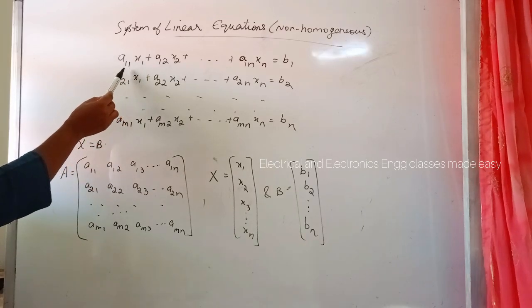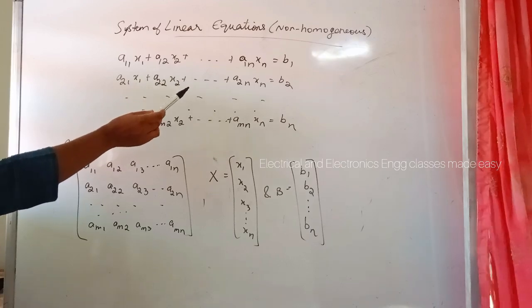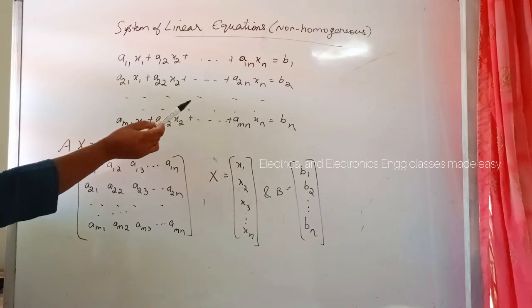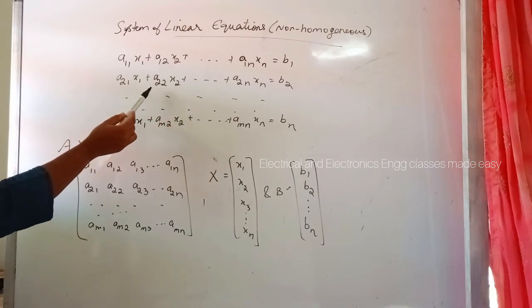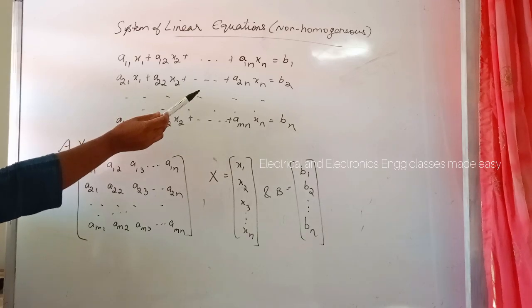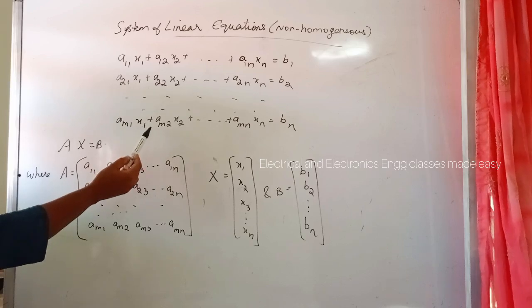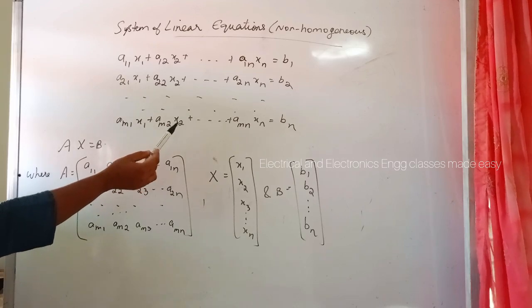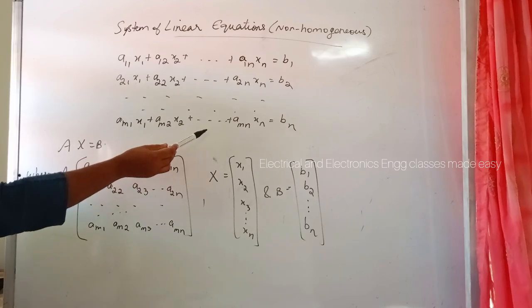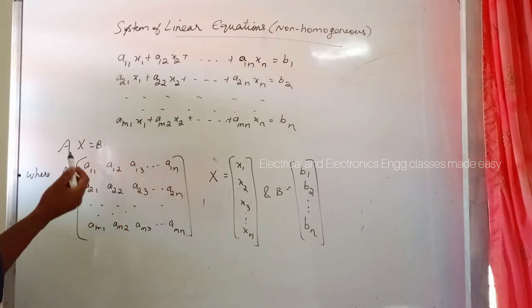That is, a11 x1 plus a12 x2 plus etc. plus a1n xn equal to b1, a21 x1 plus a22 x2 plus etc. plus a2n xn equal to b2, etc., am1 x1 plus am2 x2 plus etc. plus amn xn equal to bm.